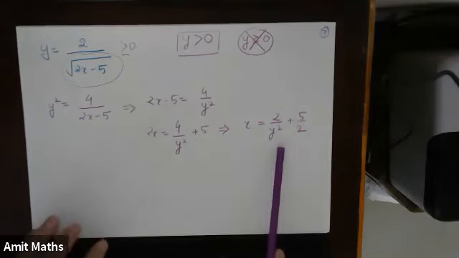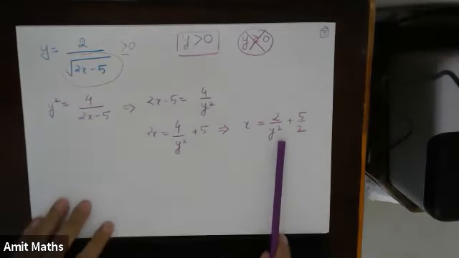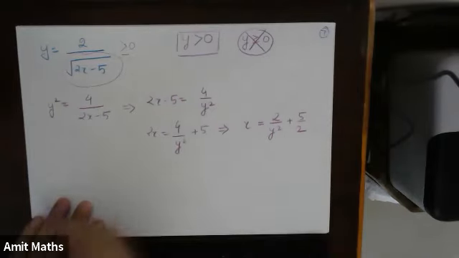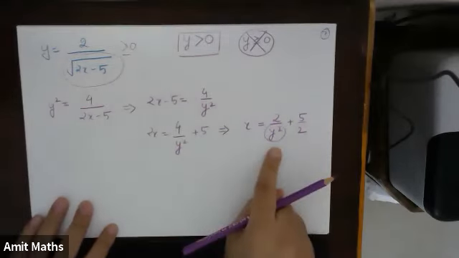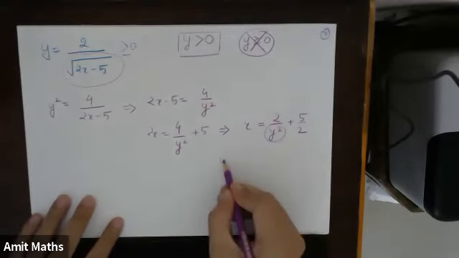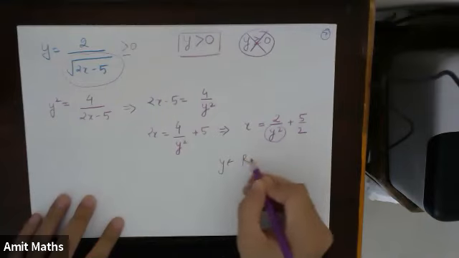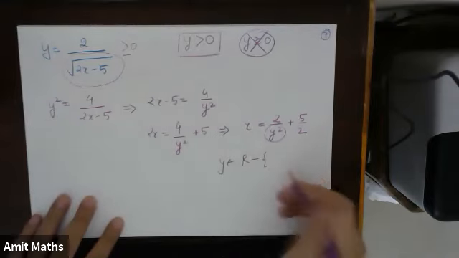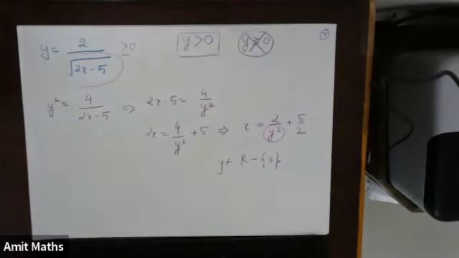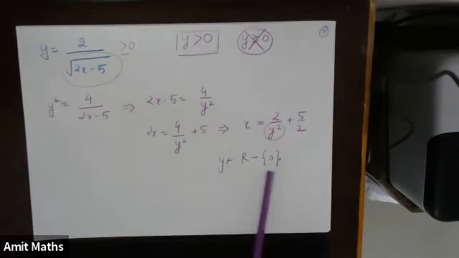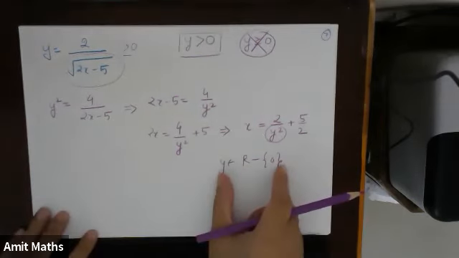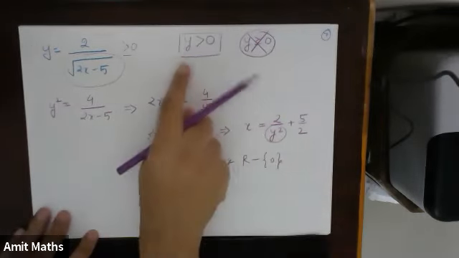Now from this part, if I had to find the domain of this, the only problem y will face will be, so y belongs to real numbers minus 0. The only problem which y is facing is that it should not be equal to 0. That means the domain of this will be R minus 0. Understood?